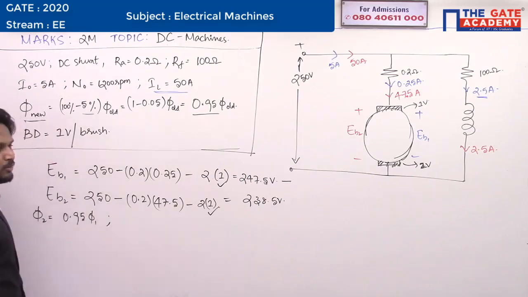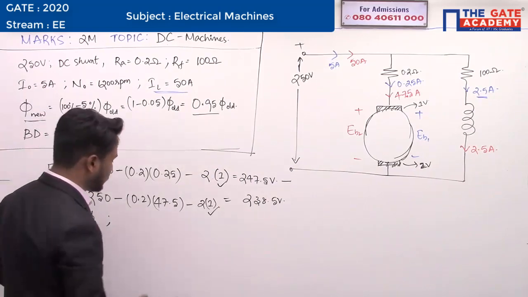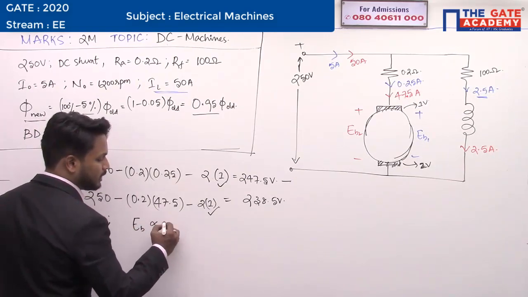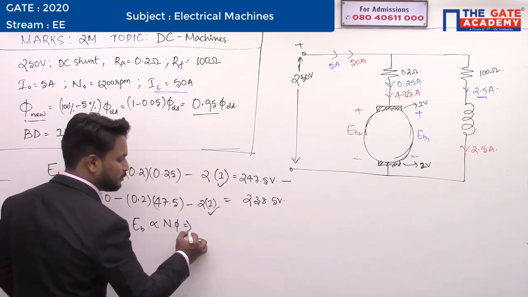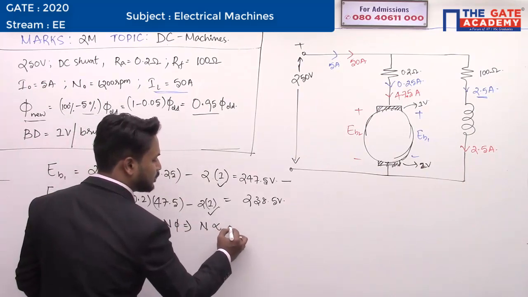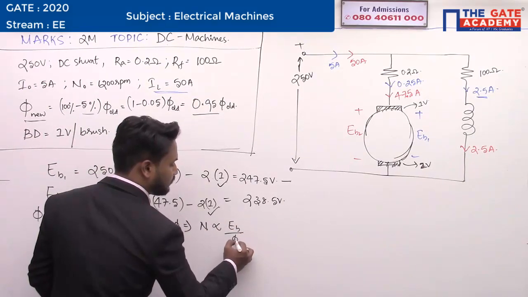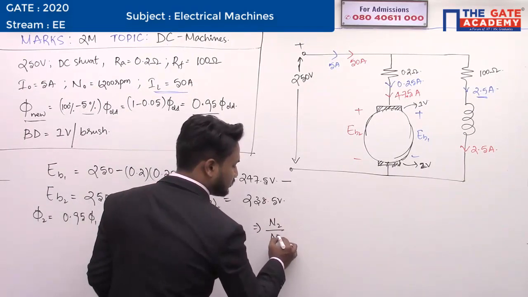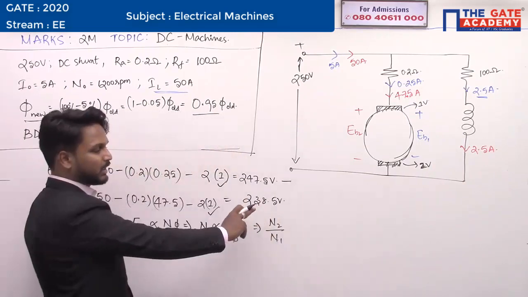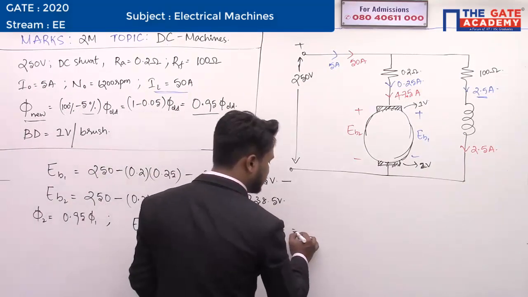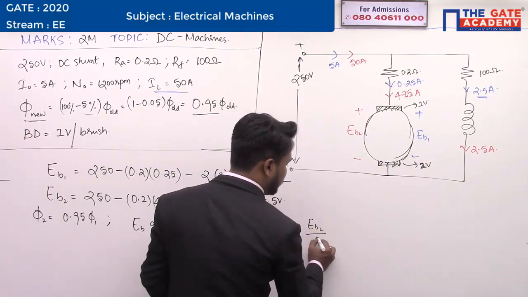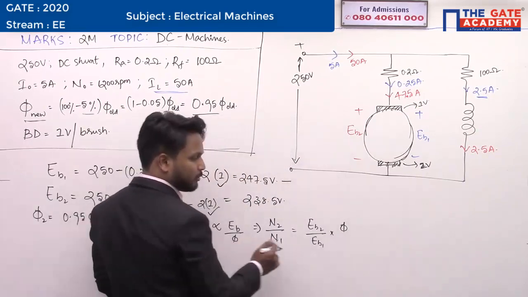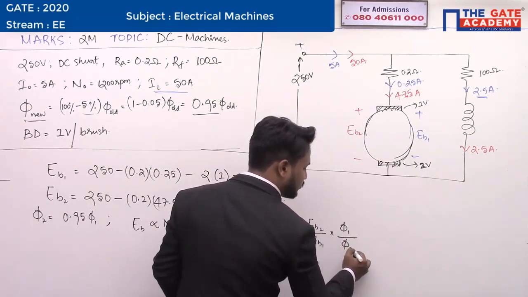And you have to find out the speed. Speed is, you have several other relations. See, EB is proportional to n phi. That implies speed is proportional to EB by phi. Therefore, n2 by n1, I want n2, that is the reason why I am taking n2 on top. n2 by n1 is equal to EB2 by EB1 multiplied by, see, phi is in the denominator, therefore phi 1 by phi 2.